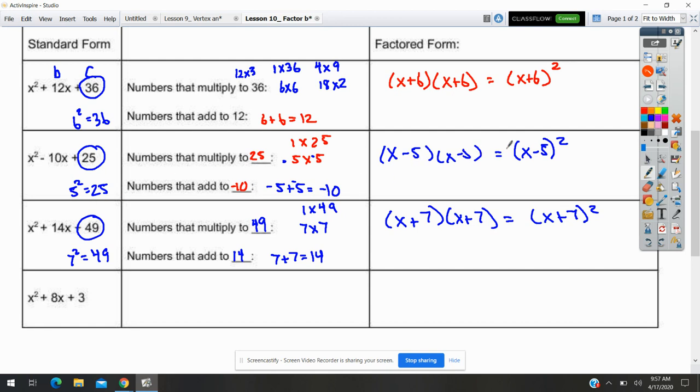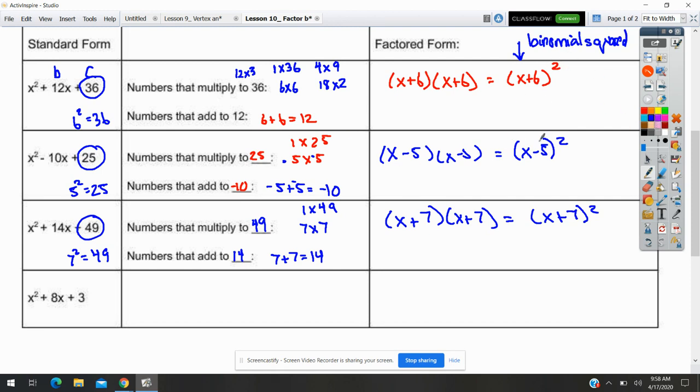The only thing that affects the number when we change this to what's called a binomial squared. Okay, binomial, remember, means two terms. So we have two terms, and the squared means you're taking these two terms and multiplying them by themselves. That's where that exponent comes in.